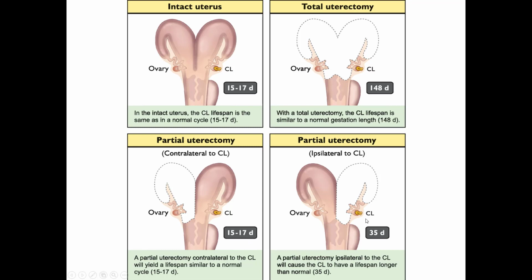However, if the side of the uterus that is left intact is opposite of the CL, it is going to take a little bit longer for that hormonal signal to get from that side of the uterus over to the CL. It takes about an extra 15 days for that to happen. So the position of the uterus, as well as having the uterus in place, is a key part of this luteolysis process.